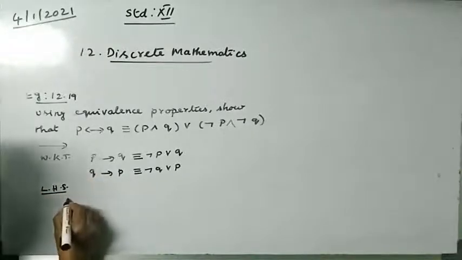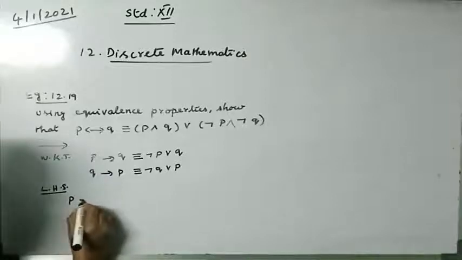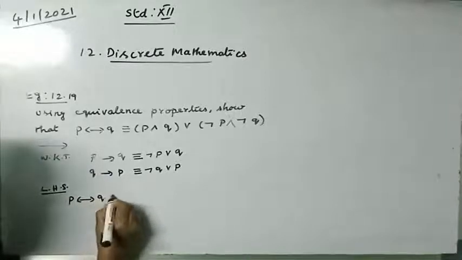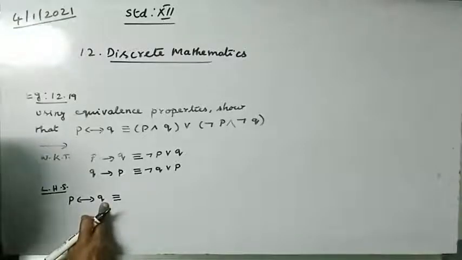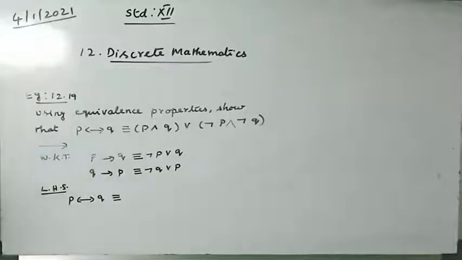What is left hand side? If P if and only if Q is equivalent to, that is, if P then Q and if Q then P அப்படின்னு எழுதிக்கலாம். So and போட்டு எழுதிக்கலாம்.